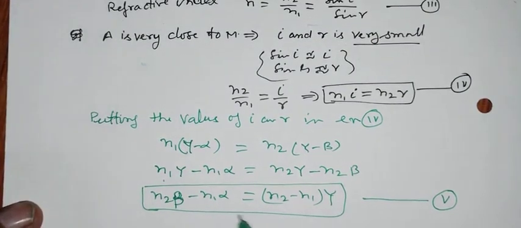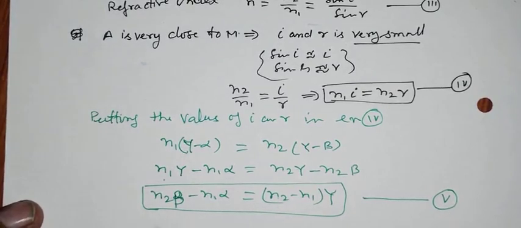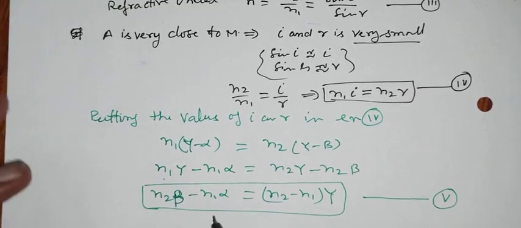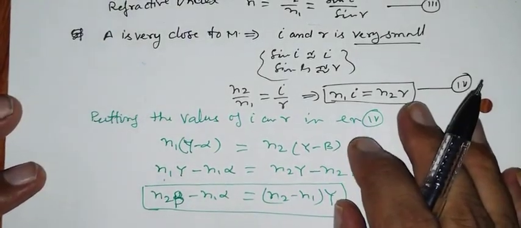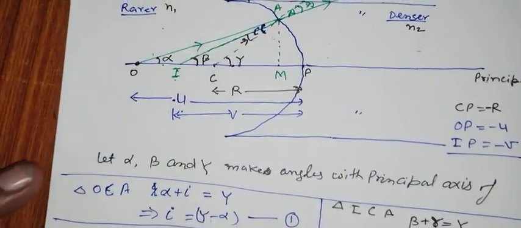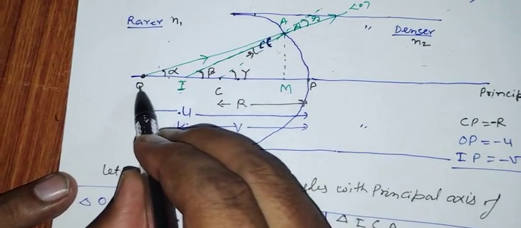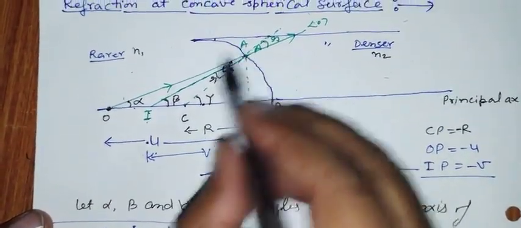Now it is time to obtain the values of alpha, beta, gamma and put them in equation number 5. To obtain these values, once more we are going to move to the diagram. This is alpha. We are going to take triangle OMA.